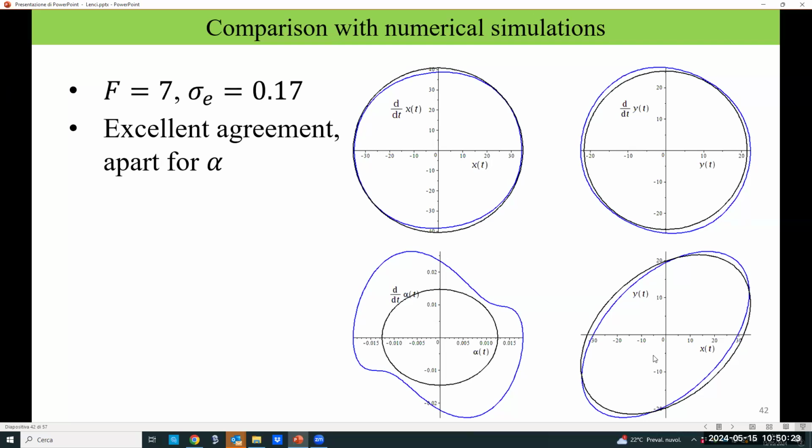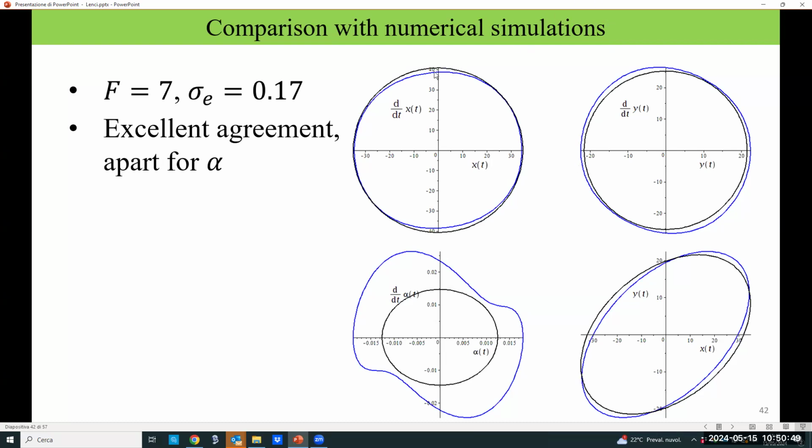So as I told you, the match between the analytical black and numerical blue solution is not as good if you consider the rotation amplitude. But please note that rotation amplitude is very, very small with respect to the others. And remember that we are in the dimensionless form.